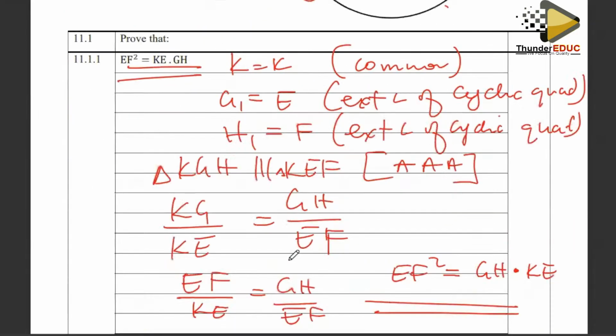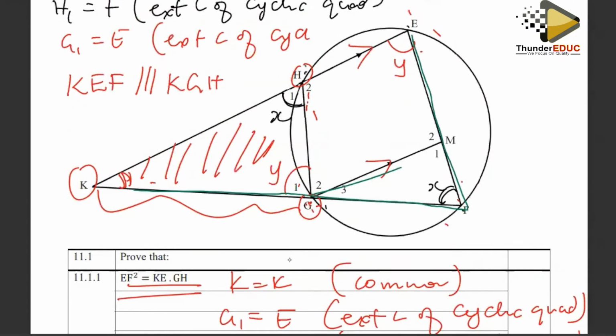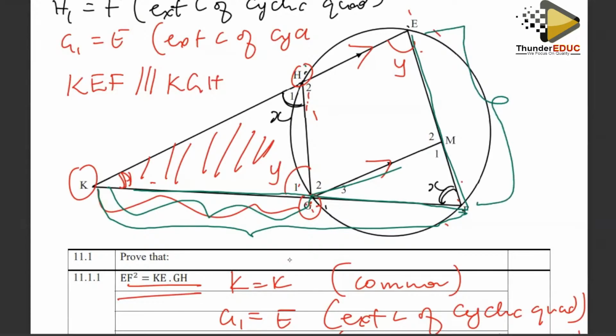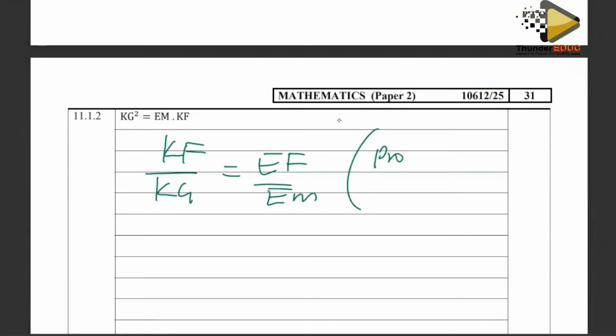So I'm going to look at the side, and I'll say that the whole of KF over KG should be the same as EF over EM. So I'm going to say KF over KG is equal to EF over EM. Reason, the proportionality theorem, because EK is parallel to GM.